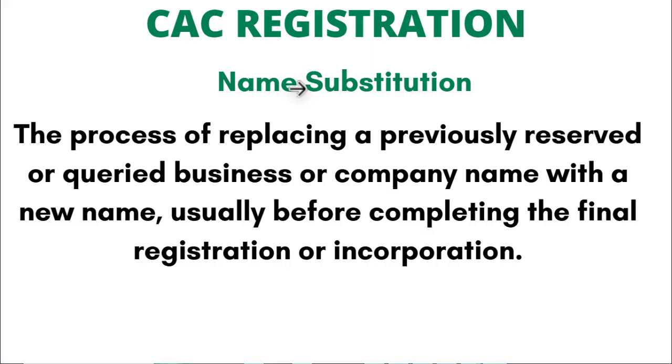In some instances, you see that it has already been approved, and maybe before it moves to registered, an officer goes through it again, reviews it and queries it that a similar name already exists. That is the common situation where you need to do name substitution. But there are other situations, as we are going to see in this video.